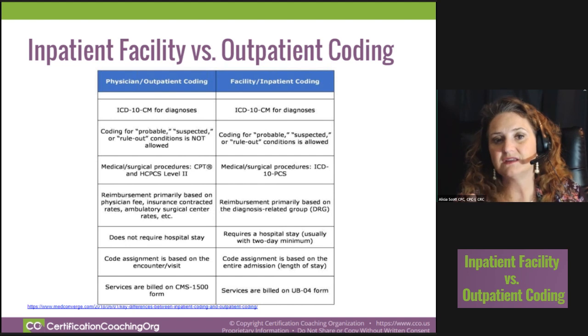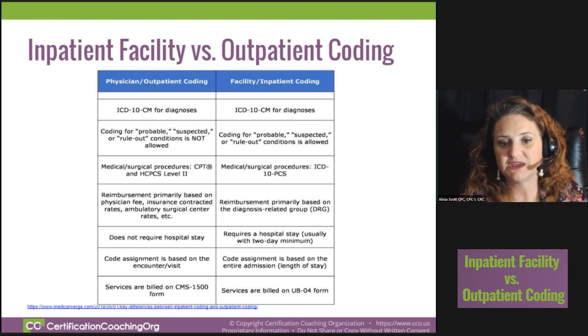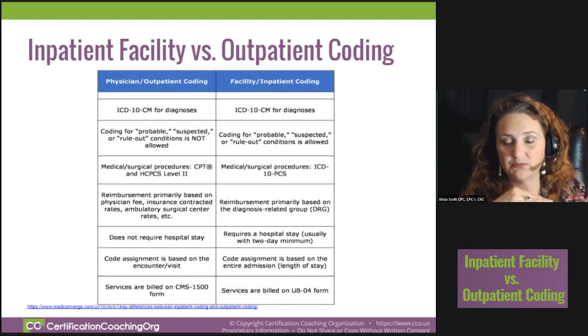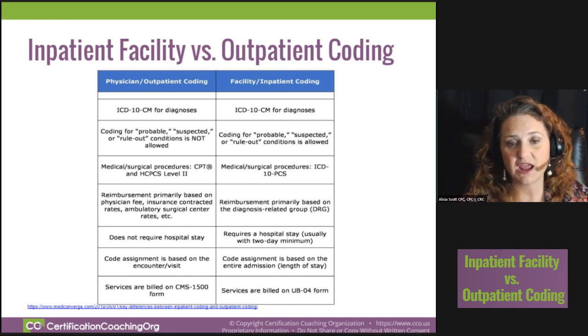But with inpatient, it's different because it's based on DRGs, and that's diagnosis related groups. Ultimately, when you break it down, it just means that if a patient comes in and they're going to have an appendectomy, they have appendicitis, we know that it costs $50,000 to treat a patient that has acute appendicitis.